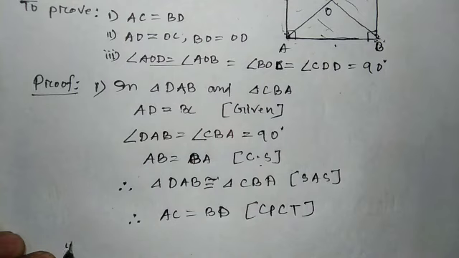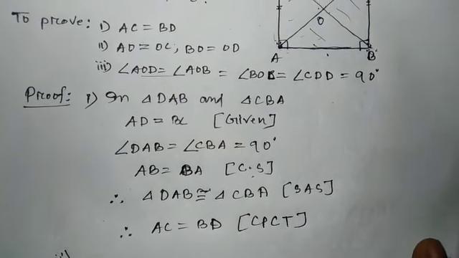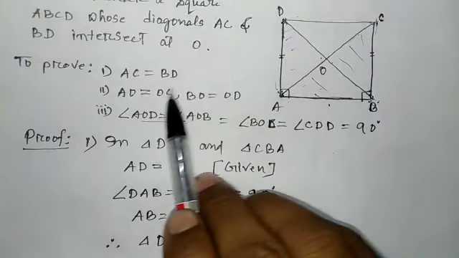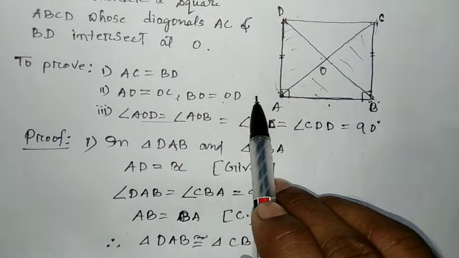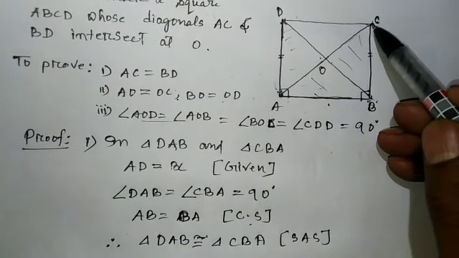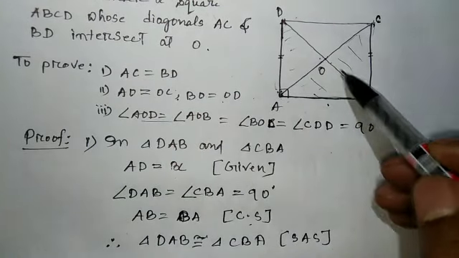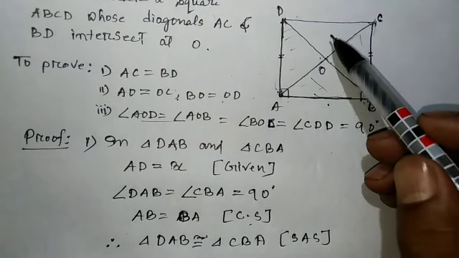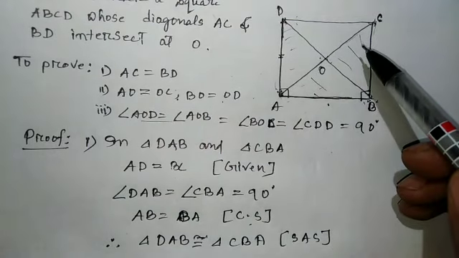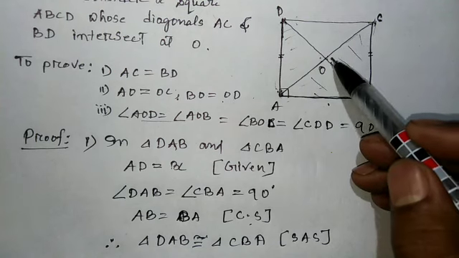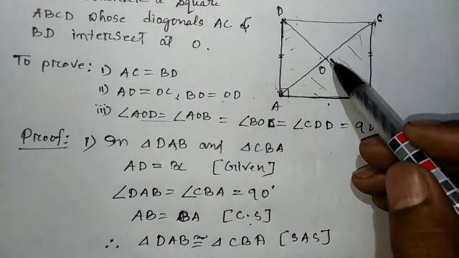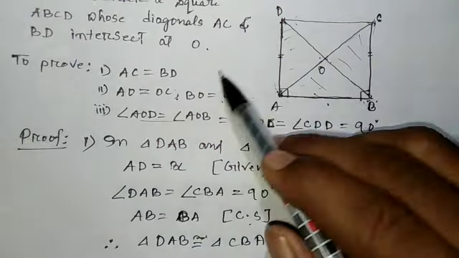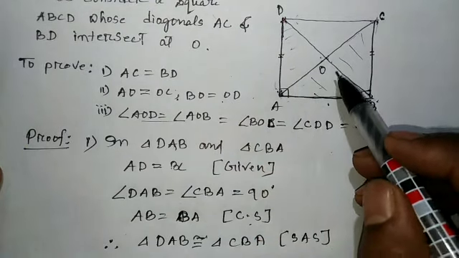So for the next part, number 2, see what we need to prove: AO is equal to OC, BO is equal to OD. In this case we have to choose two such triangles so that all the sides come.